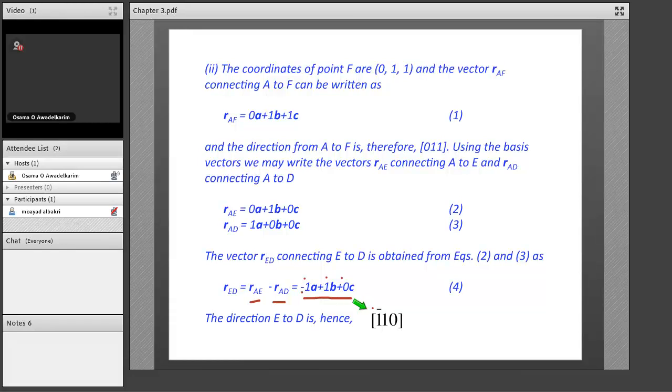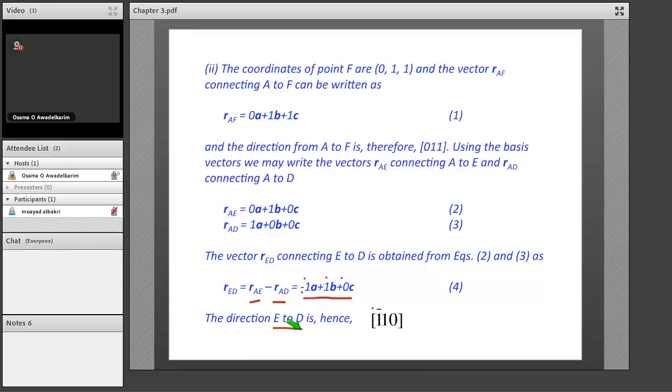That's the direction from E to D. Okay, so this is how we talk about single crystals. This is how we define planes in single crystals, and this is how we define directions in single crystals. This is how we obtain Miller indices, and this is how we obtain directions.